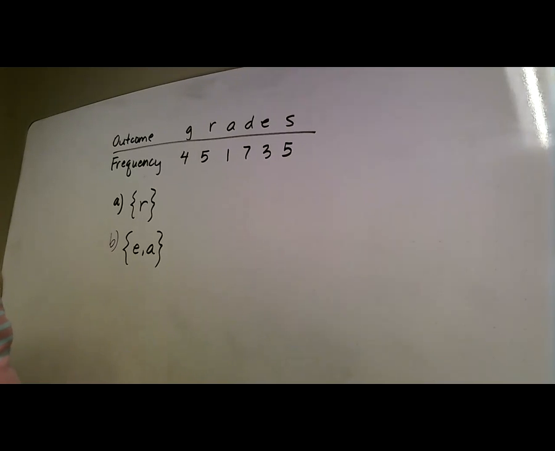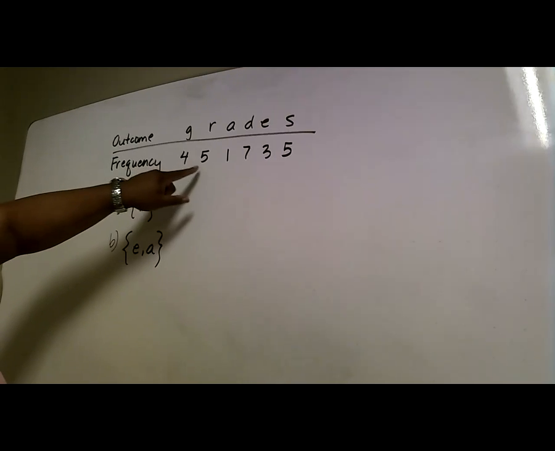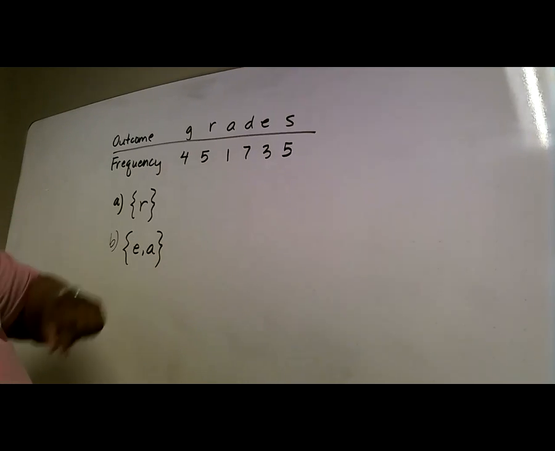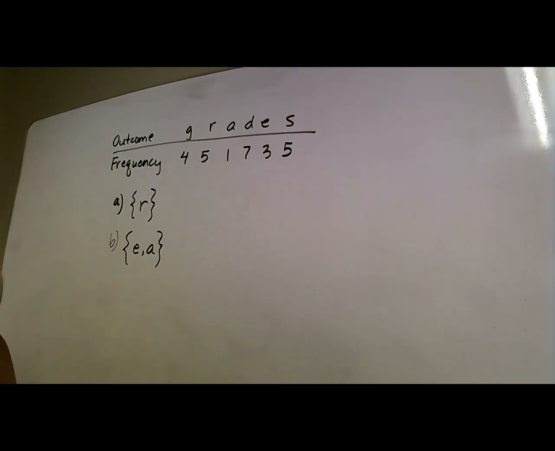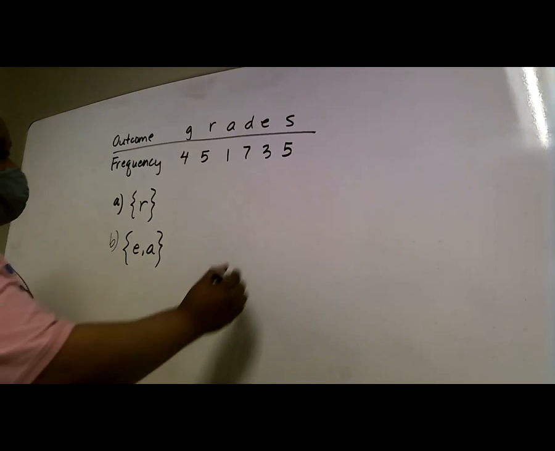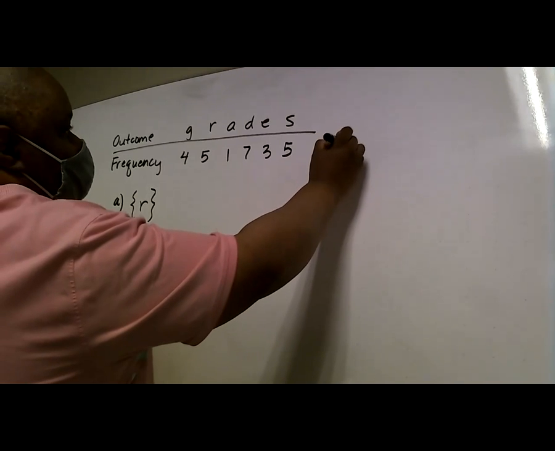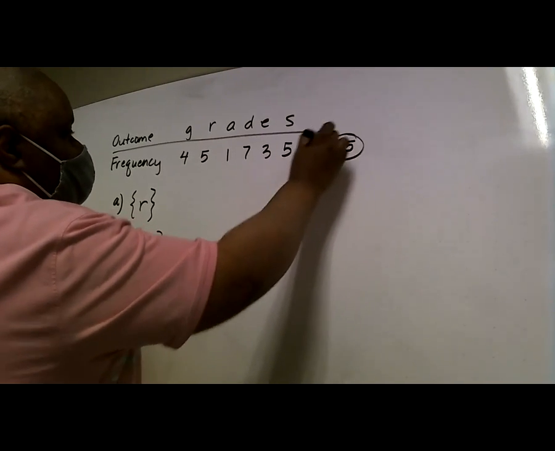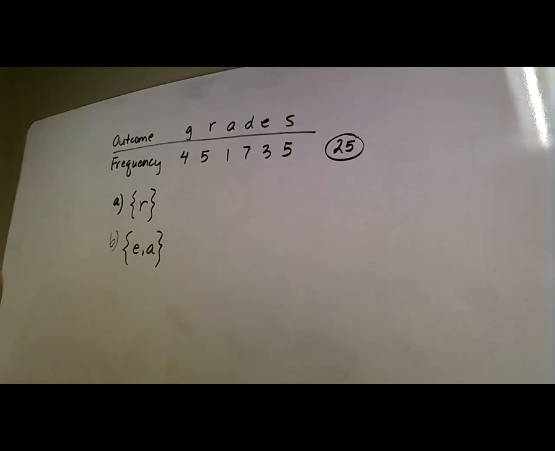Okay, so in this case here, we need to count the total frequency here. How much is this? 25. Okay. So in other words, he drew letters out of the bag 25 times. And then let's see, the experimental probability of each event.